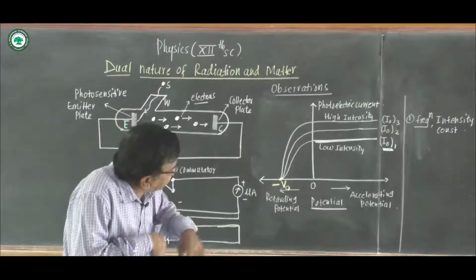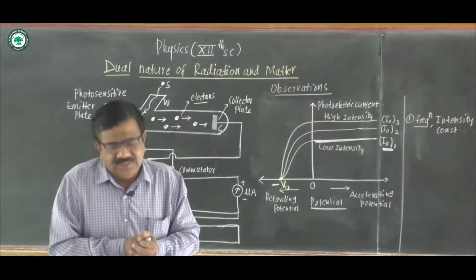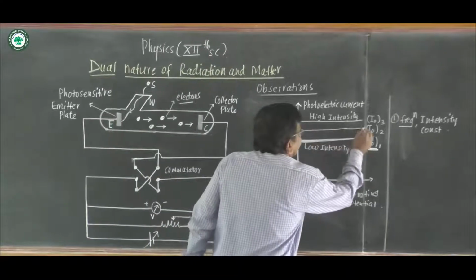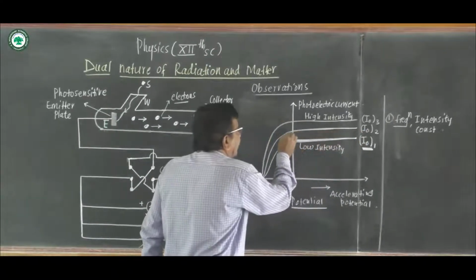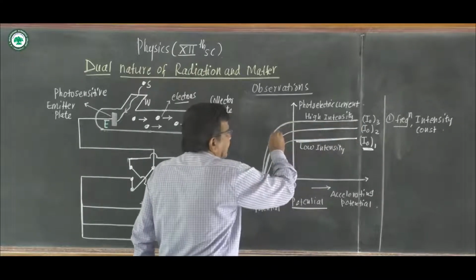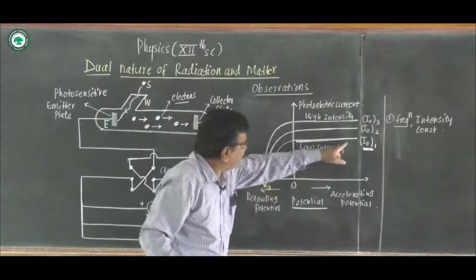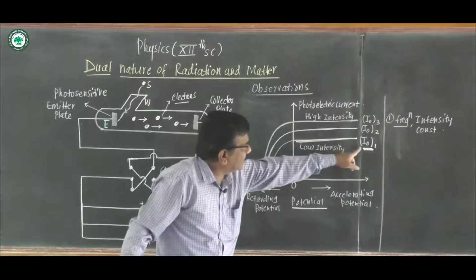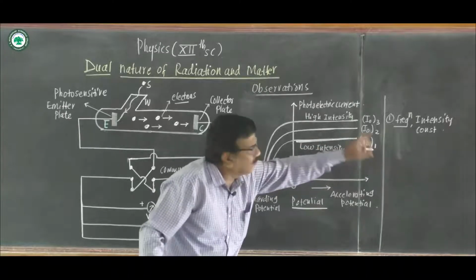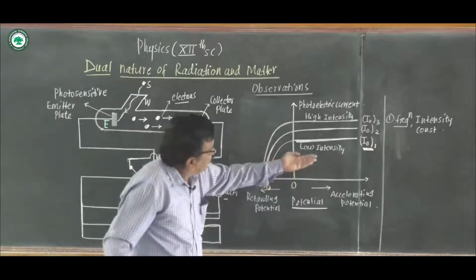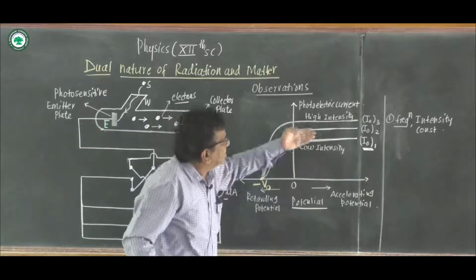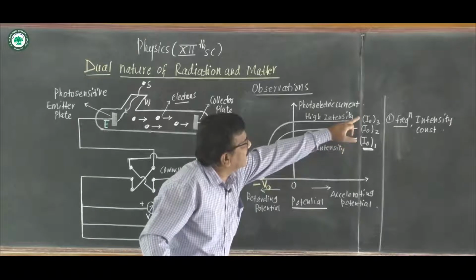If intensity is doubled, saturation current is also doubled. See here, these are the graphs for the different intensities. This is one graph for the low intensity, where the saturation current is I01. If intensity is increased, saturation current also increases.